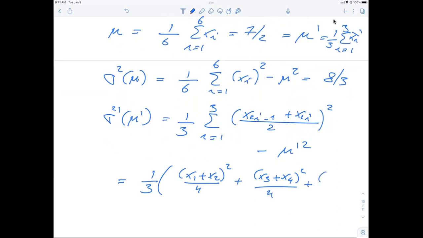And then I get an (x5 plus x6) divided by 2 and divided by 4, and minus mu prime squared. And this is also going to be 8 divided by 3 if I've done the calculations correctly.